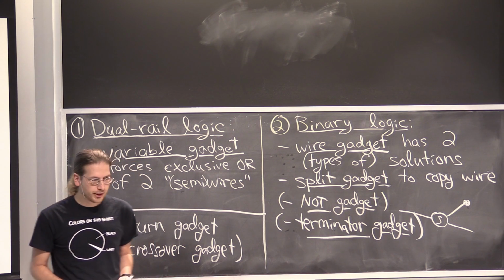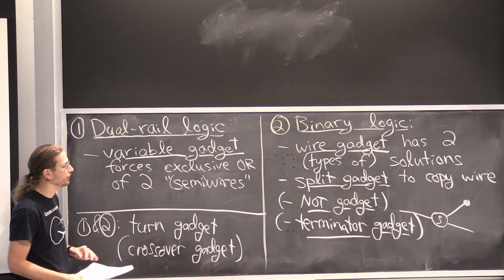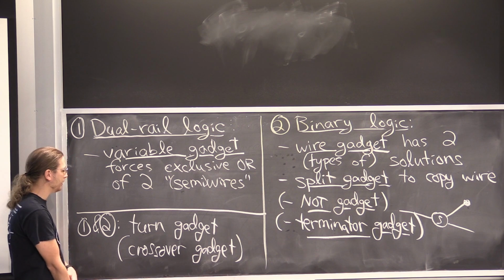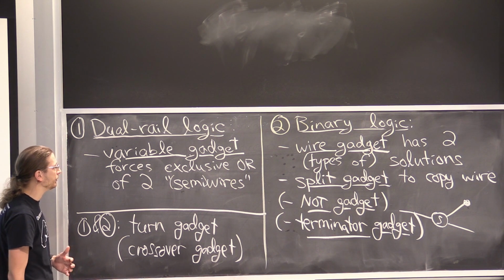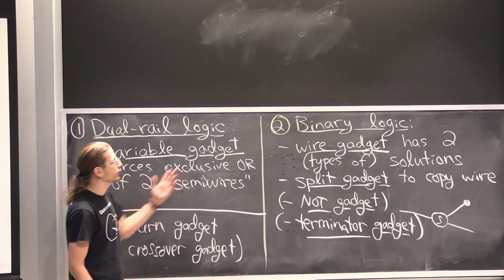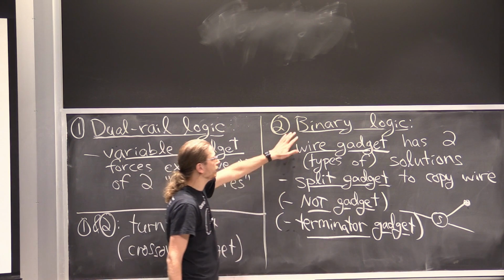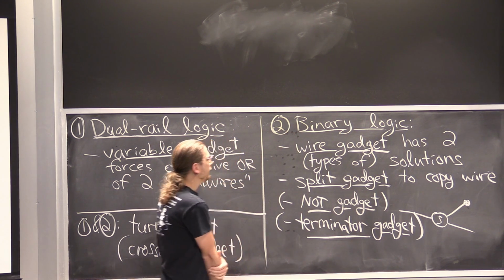Now, today we're going to do a couple of circuit SAT proofs, which all of this applies to, as well as SAT and 1-in-3 SAT and not-all-equal SAT, not-all-equal 3 SAT. Circuit SAT, in principle you could do it with dual rail logic or binary logic, although usually we think of it in binary logic.